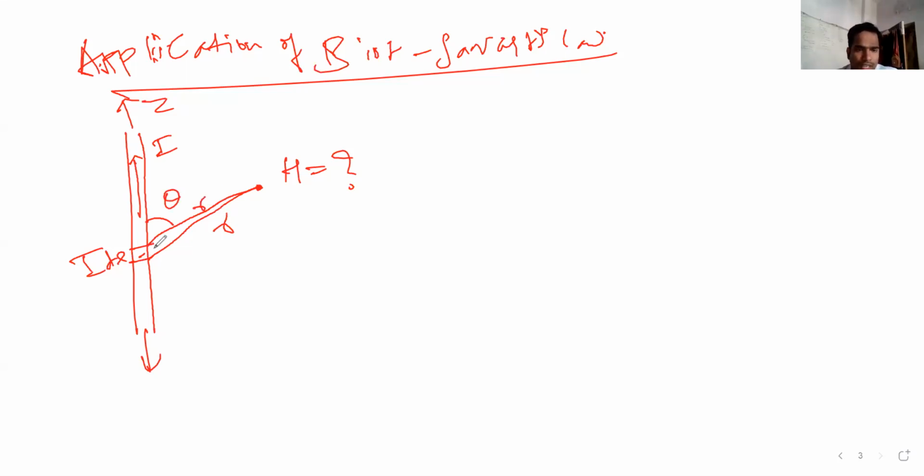Because this dl is a very small length, and from basic geometry this doesn't make any difference.